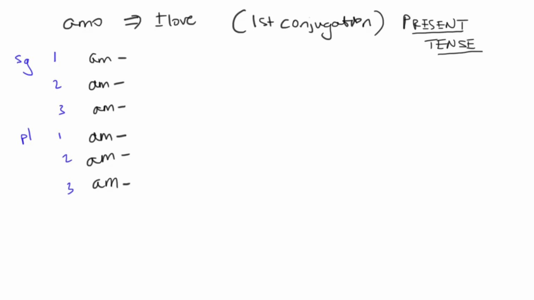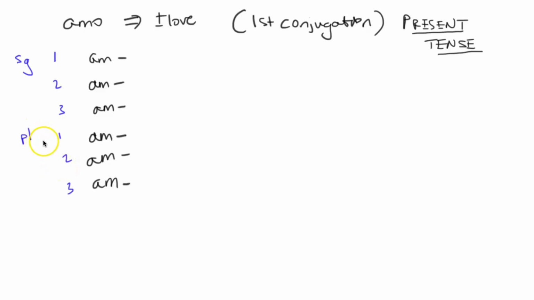You will have noticed that I've already written down a few numbers and SG and PL. This is just singular, that's just plural, and then 1, 2, 3 stand for the different persons. You have first person, second person, third person, and for each of those you've got singular and plural. So for example, first person singular is just I, and third person plural would be they.